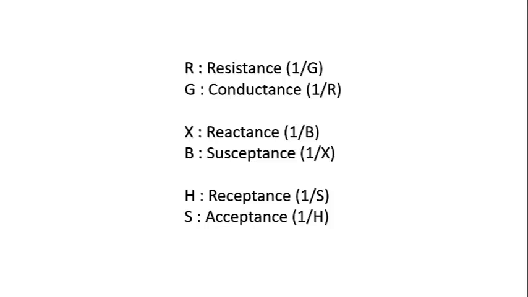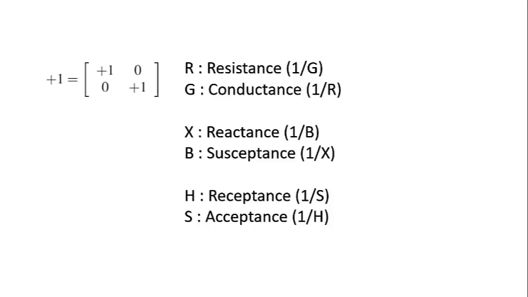So before I continue, I just want to take a few steps back and define a few terms. These are terms that we've previously already used, but I thought it was important to make sure that we know what terms we're using here. And so R stands for resistance, and G will stand for conductance. And resistance is the inverse of, or reciprocal of, conductance, and conductance is the inverse of, or reciprocal of, resistance.